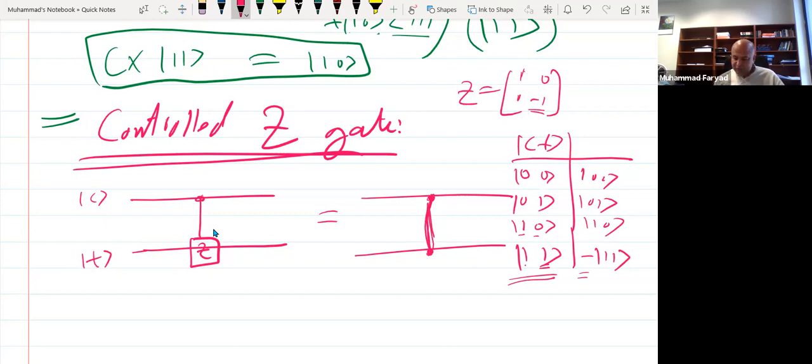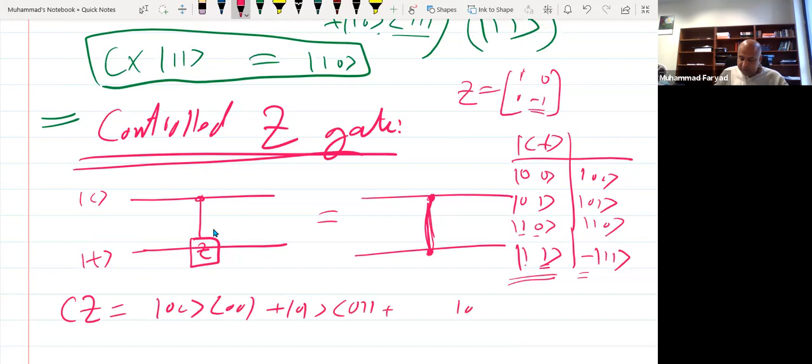And I'm sure you can quickly see that you can represent it in operator form very easily, that 0 0 is going to 0 0, 0 1 is going to 0 1, 1 0 is going to 1 0, and only 1 1 is going to 1 1.